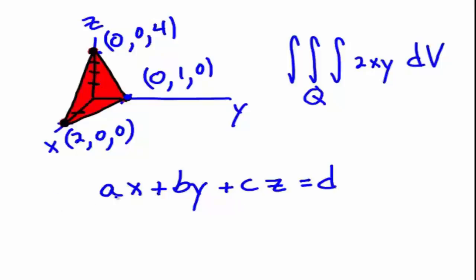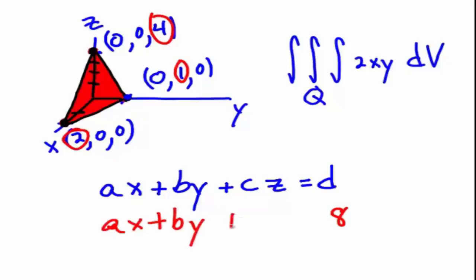Now, if you know the intercepts, multiply the numerical parts of the intercepts together, the non-zero parts I mean. So the 2 times the 1 times the 4, and call that d. So that's 8. So replace d with 8. And of course, that gives us ax + by + cz = 8.